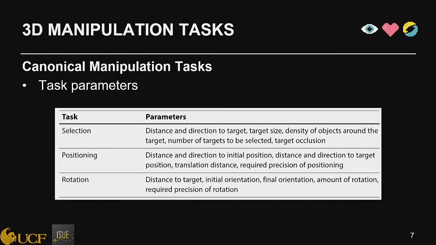Now, one of the things you need to keep in mind is that there are a lot of parameters you need to deal with when you're talking about selection and manipulation, and people don't really realize how many parameters there are. In terms of both selection and positioning, for example, there's the distance and the direction to the target. There's the target size. There's the density of the objects around the target. There's the number of targets that you want to select.